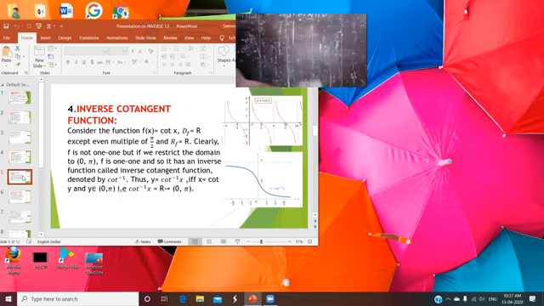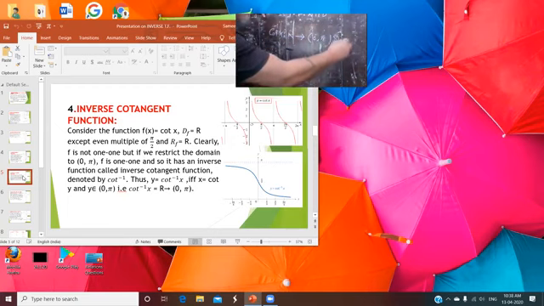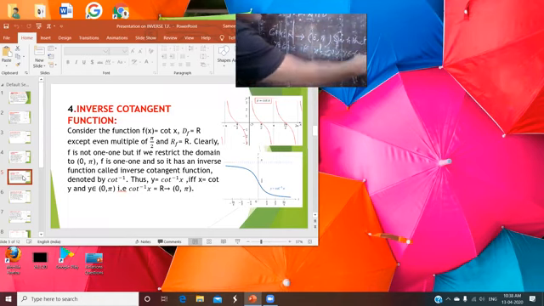Cot inverse x can also be defined as a function from all real numbers to 0 to pi, such that y is equal to cot inverse x if x is equal to cot y and y belongs to 0 to pi.